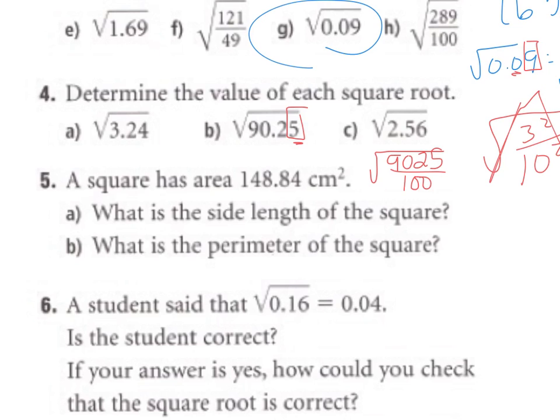For that, you'll use a calculator. It happens to be 95, but for those situations, you would use a calculator. For letter 5, exact same thing we just did. What is the square root of 14,884 with no decimal place over 100?